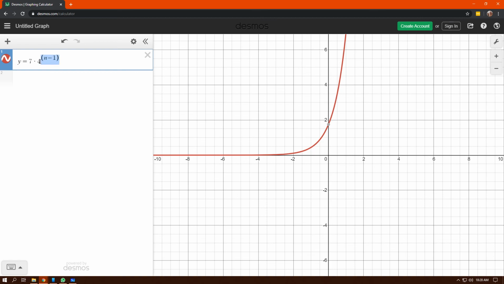So I have a positive common ratio greater than 1, and this is an increasing function. If I change this 4 to 1 divided by 4, notice how it now is decreasing. So if I have a number that is greater than 1, I have an increasing geometric sequence. And if I have a number that is less than 1, like a fraction, greater than 0 but less than 1, I have a decreasing one.